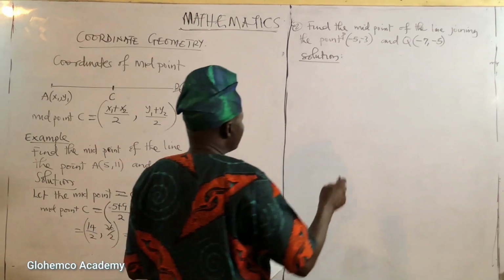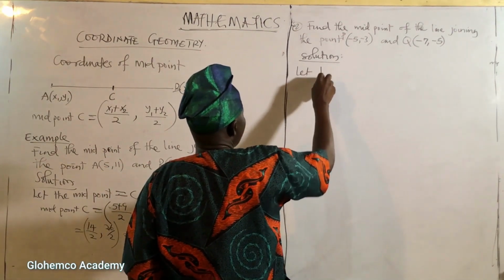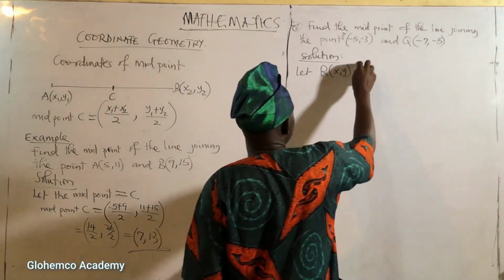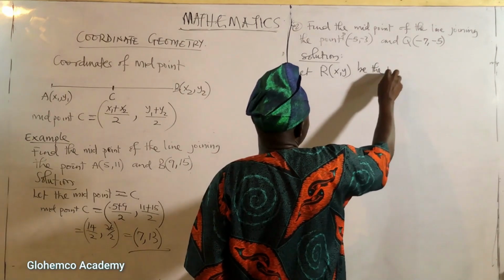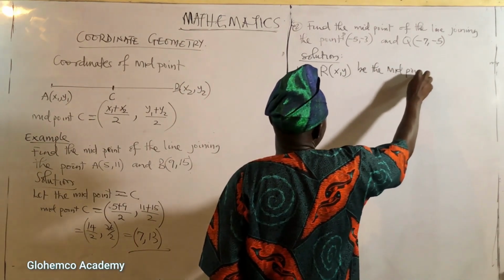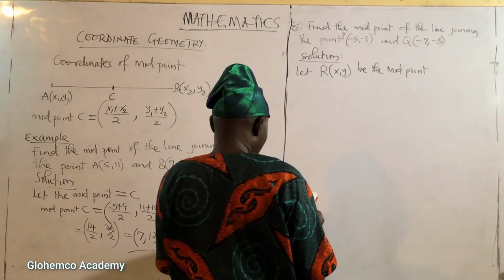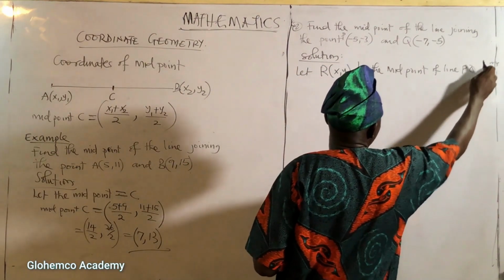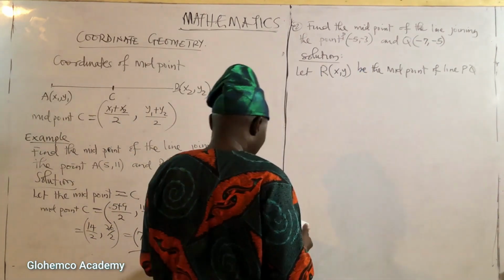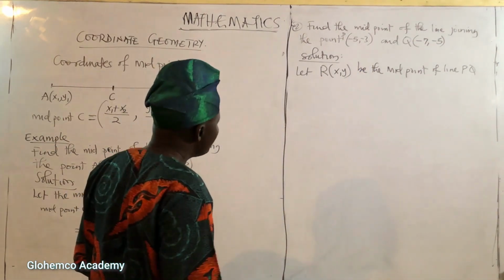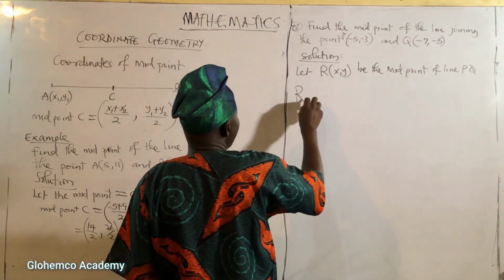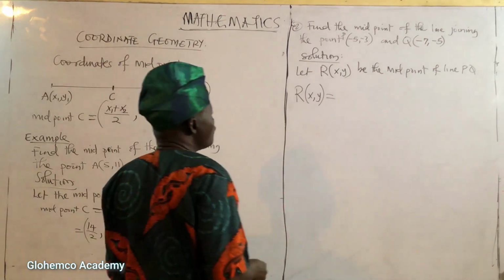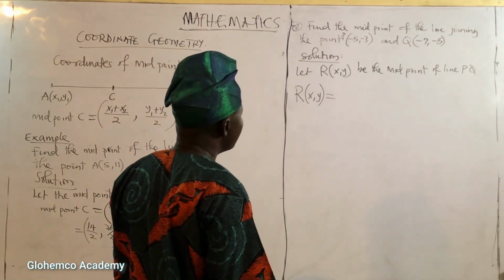Let the midpoint be R. Let R(x, y) be the midpoint of line PQ. Now we are to find R(x, y).